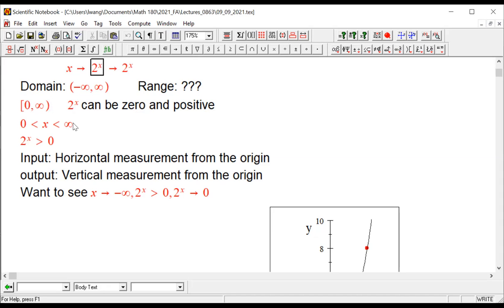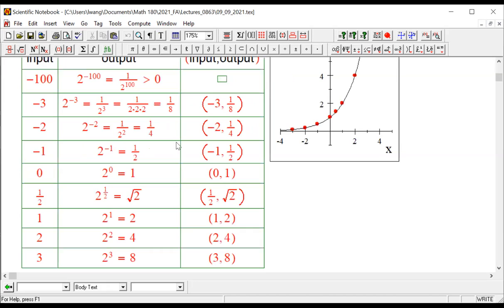It can never be 0, right? We just talked about how the output will never be 0. It will always be a little bit larger than 0, but it gets infinitely close to 0 from above.